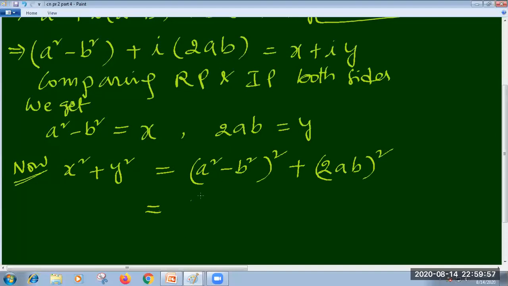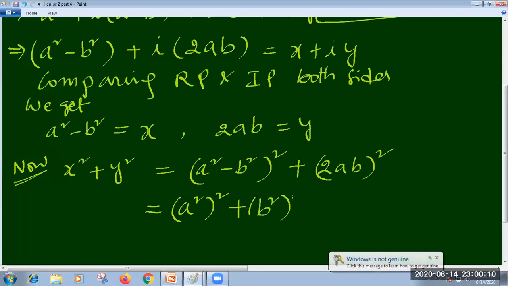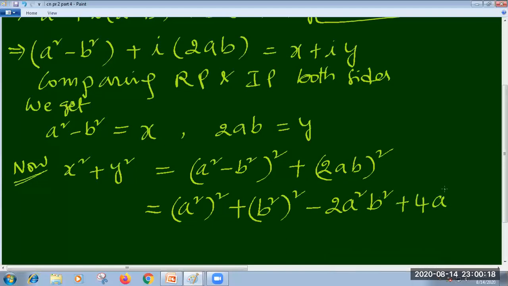and expanding this with the formula for a minus b whole square, we get a square whole square plus b square whole square minus 2a square b square. And squaring 2ab gives 4a square b square.